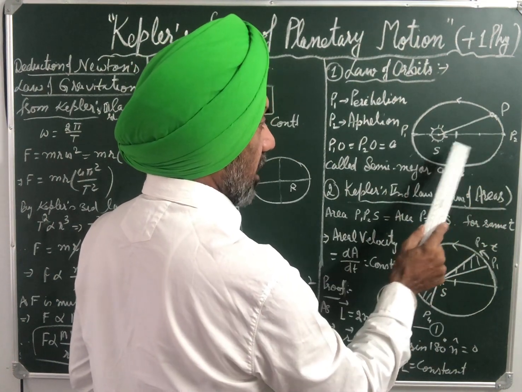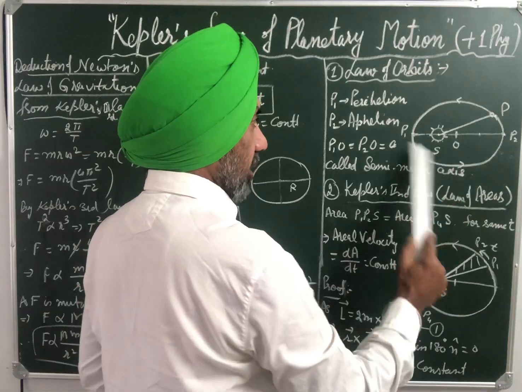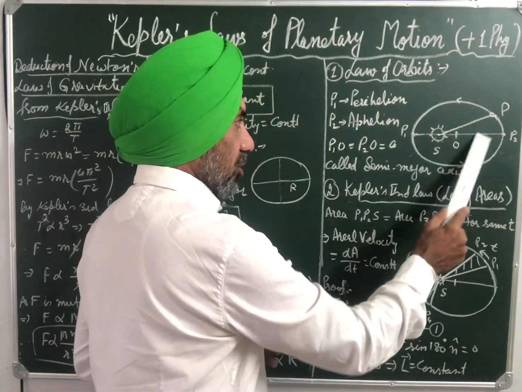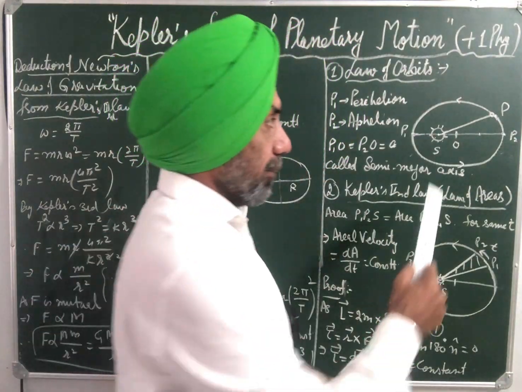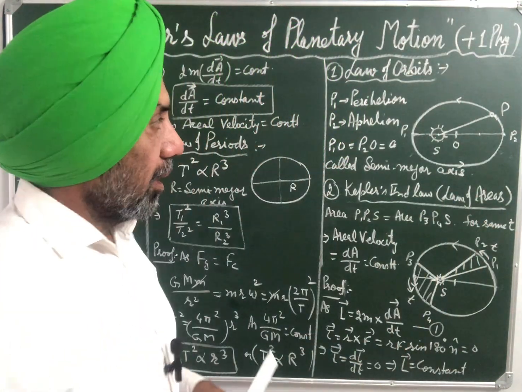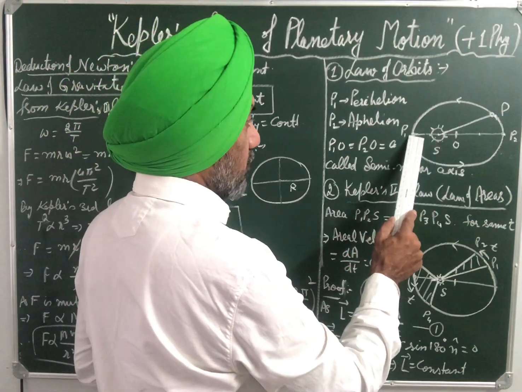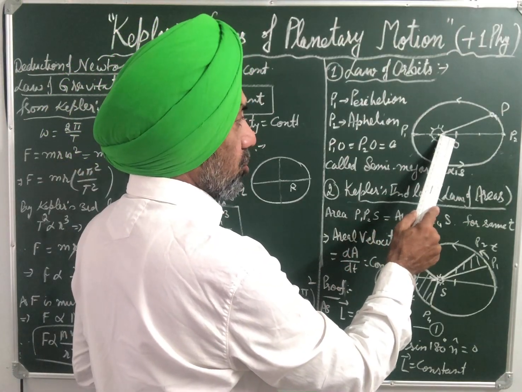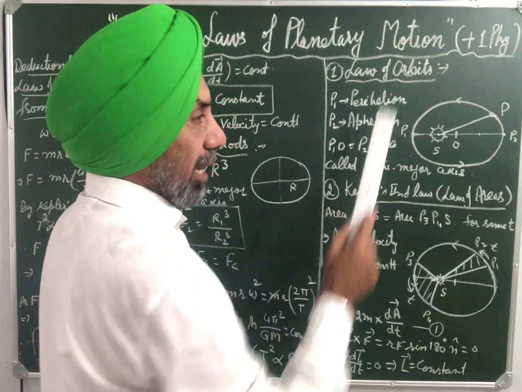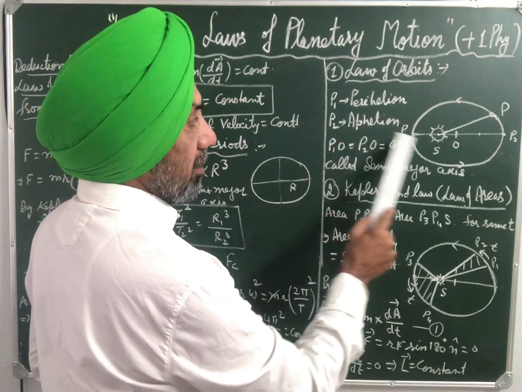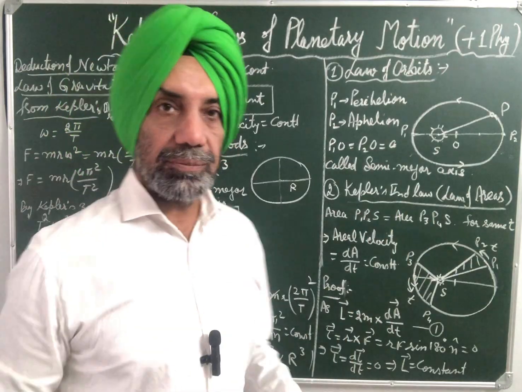This is the position of the sun and this is the center of the orbit. The position of the sun is at one of the two foci of the ellipse, and between these points, P1 is close to the sun and P2 is far away from the sun. P1 is called perihelion and P2 is called aphelion.